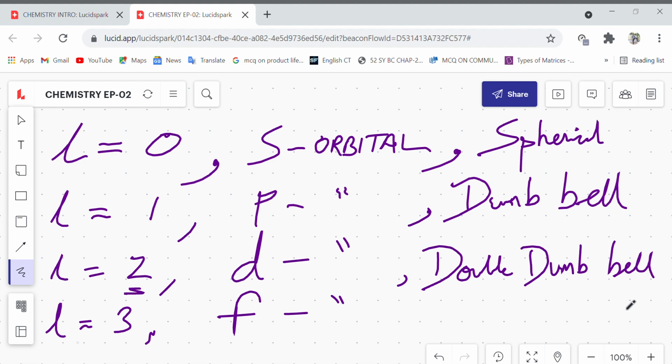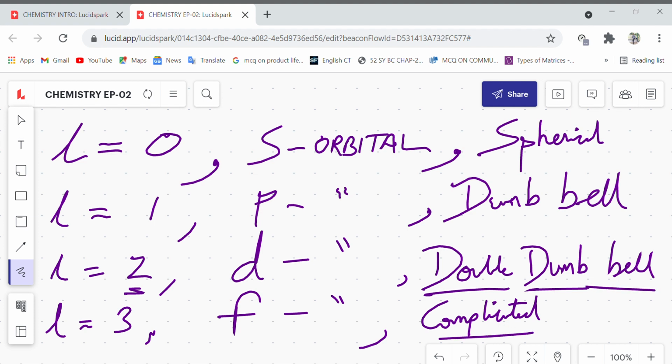When L is 3, it is the F orbital and it has a complicated shape. You can note it down or take a screenshot. This is spherical, this is dumbbell, this is double dumbbell, and this one is complicated. If you can't recognize the handwriting, I have to write this in pen only. Taken the screenshot?